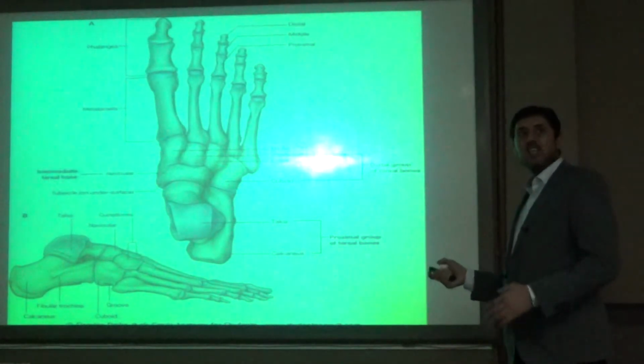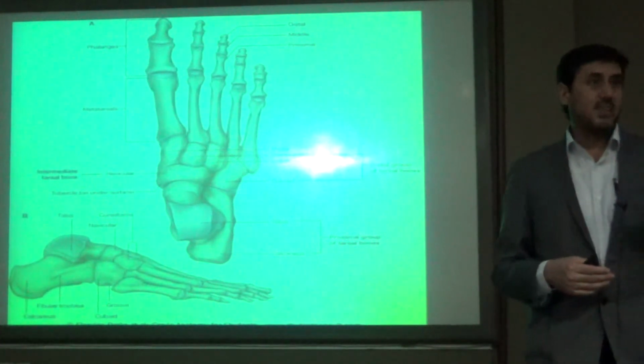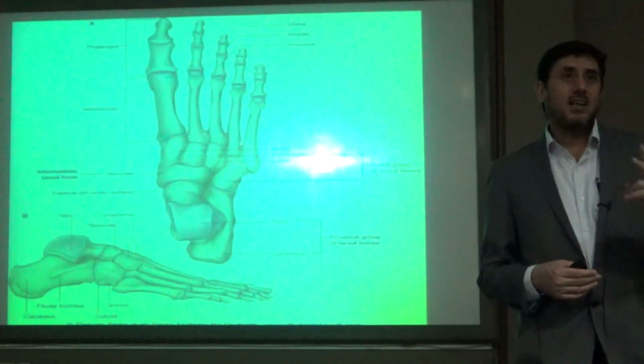In front of the navicular, on the medial side, we have three cuneiforms. What are the three cuneiforms? Medial, lateral and intermediate.